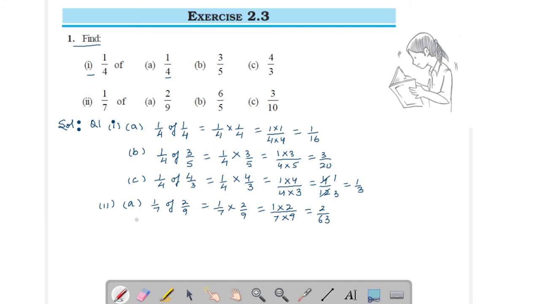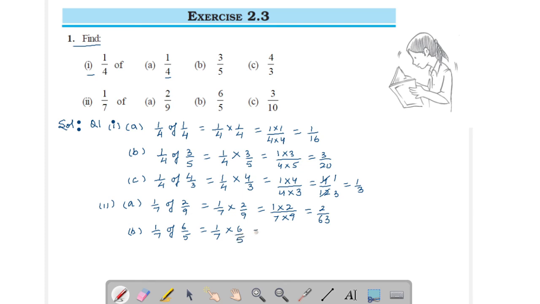Then come to B part. It is 1 upon 7 of 6 upon 5. Here this can be written as 1 upon 7 into 6 upon 5.